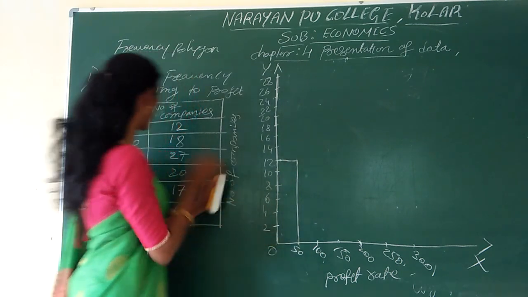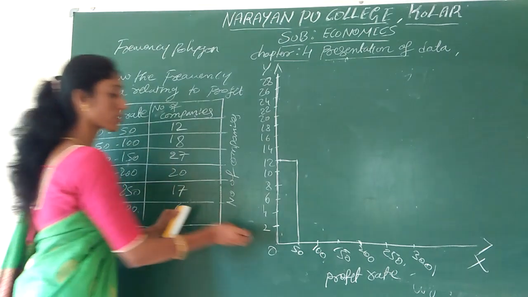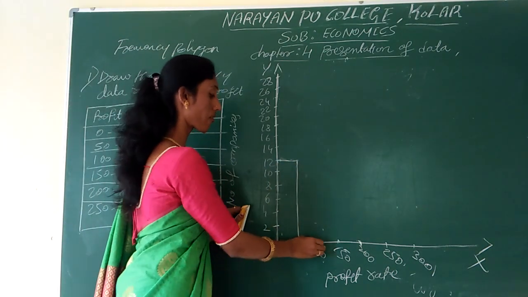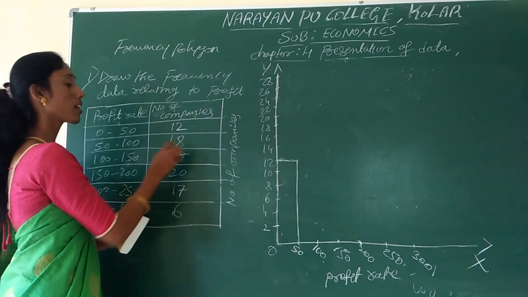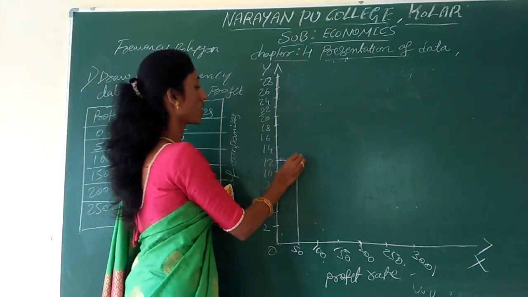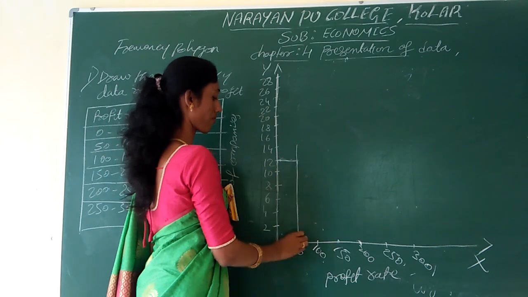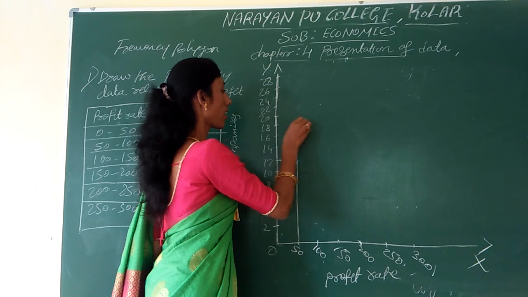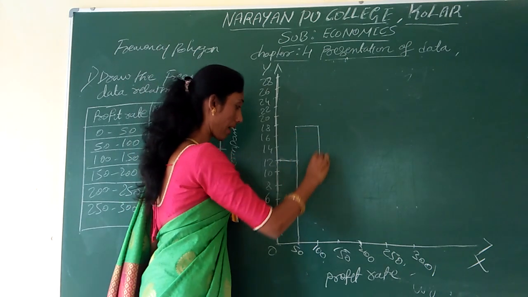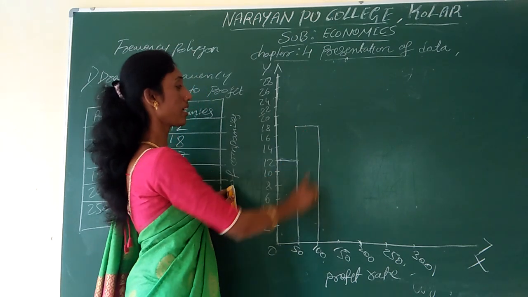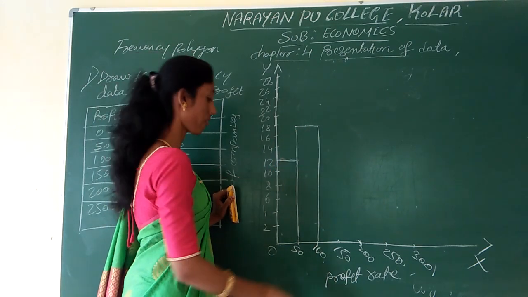Then we take a rectangle from here to here. Got it? Then from 50 to 100, there are 18 companies earning the profit. Then 18 will come here. This 50 line, we should expand up to 18 and take a rectangle shape and add it to the 100.